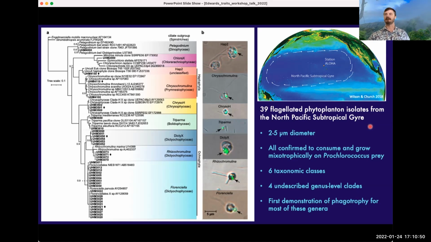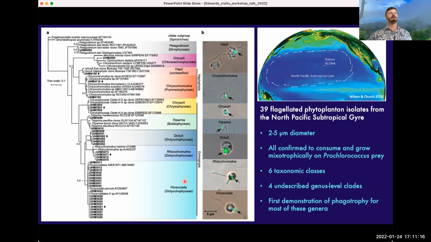All of the ones I'm going to talk about today are from Station ALOHA, which is 100 kilometers north of Oahu, and they're all 2 to 5 microns in diameter. We've done experiments to show that all of them will eat Prochlorococcus and all of them will grow mixotrophically when you give them Prochlorococcus as the only nutrient source, so no dissolved nutrients.